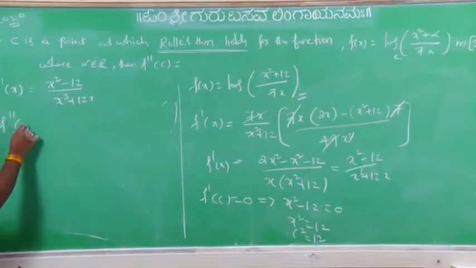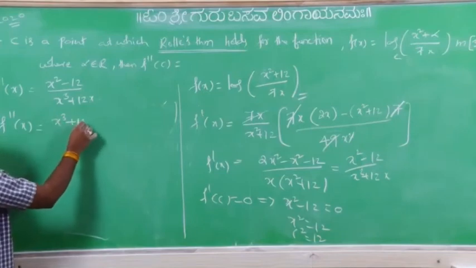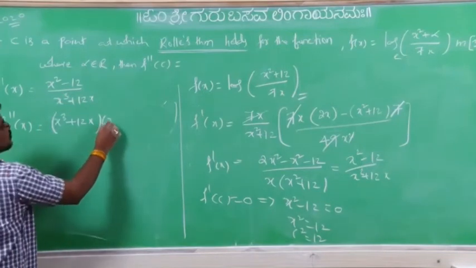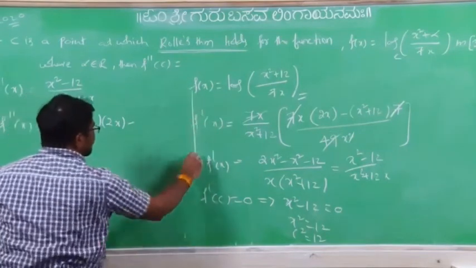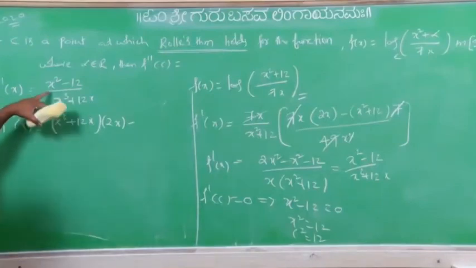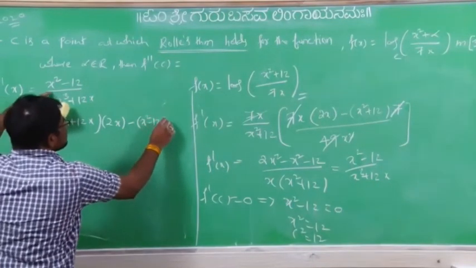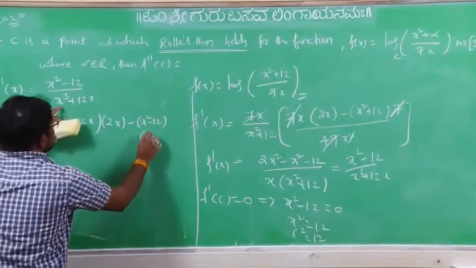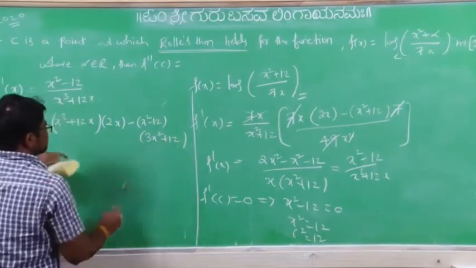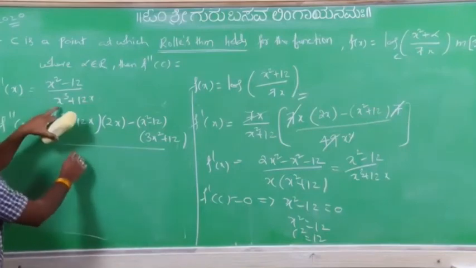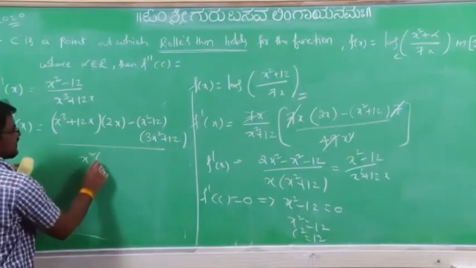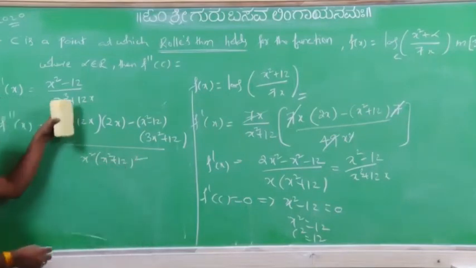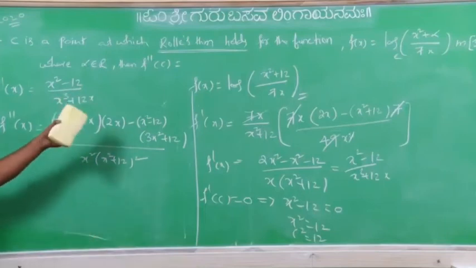Again differentiating, f double dash of x equals quotient rule: x cube plus 12x, differentiation of this one is 2x, minus this one as it is x square minus 12, differentiation of this one is 3x square plus 12, divided by (x cube plus 12x) whole square. This is nothing but this only, quotient rule I applied.